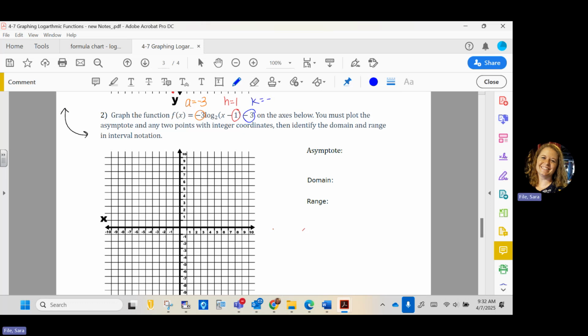Oops, not -1, -3. All right. So I've identified A, H, and K. So my asymptote is at X equals H, which is +1.